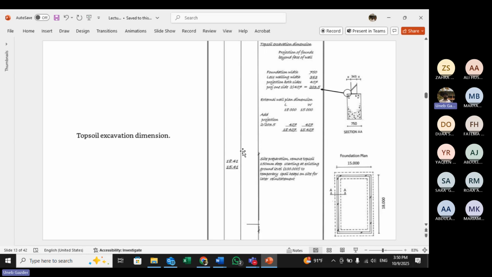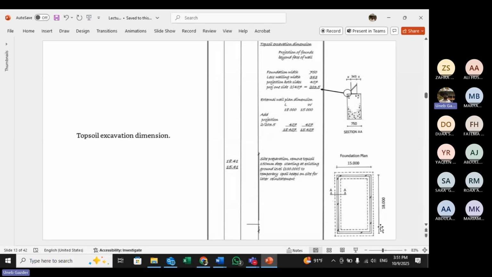If you want to calculate the area, you will multiply it. It's not given here. The final step will be this multiplied by this, and then you will get the area of topsoil removal, and you will multiply with 150 millimeters to get the volume. Are there any questions from this calculation?